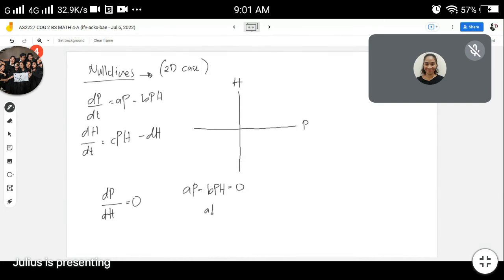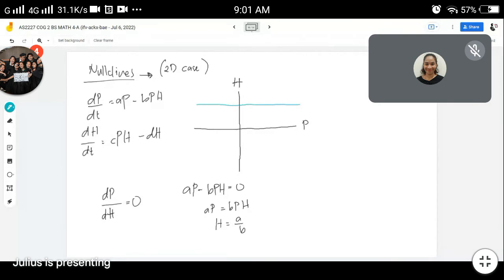So AP equals BPH. Therefore, H equals A over B. Makita ang H equals A over B. Okay? How does A over B look like if you graph it? A over B is just like a constant, di ba? Constant ra siya.